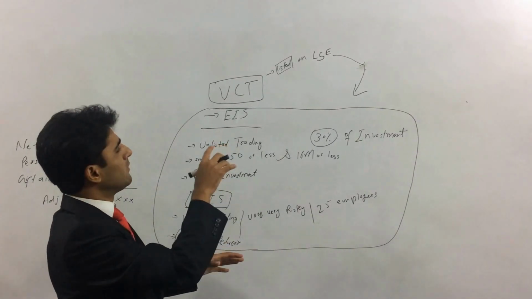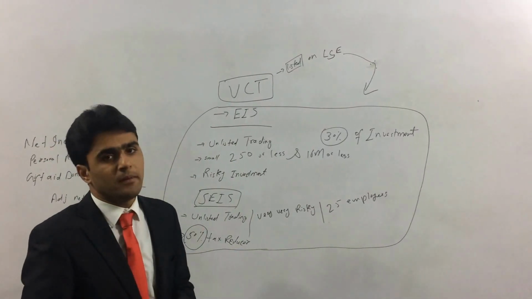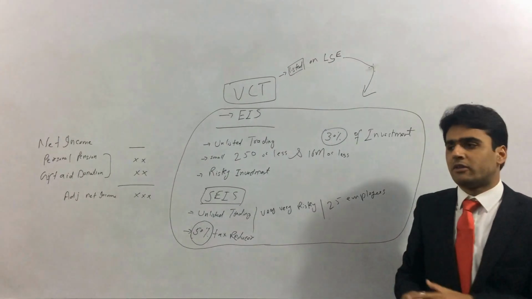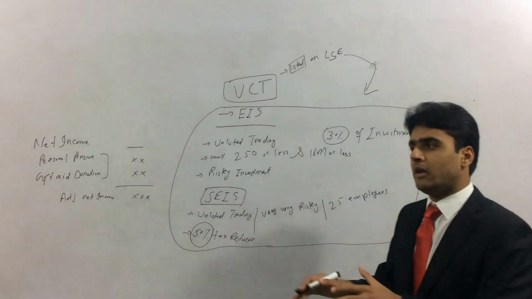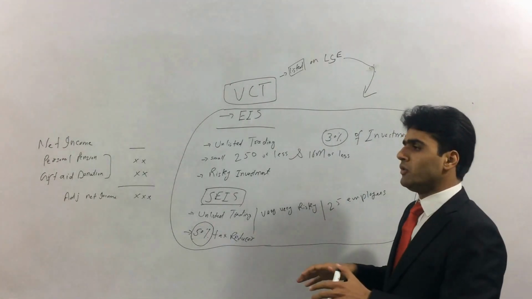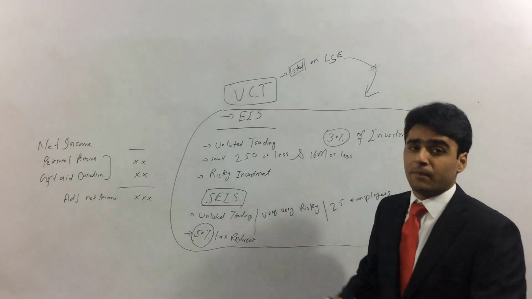So it will invest in many companies, not just a single company, right? When it spreads its investment in many companies, the risk will also be spread, because you are investing in many companies.